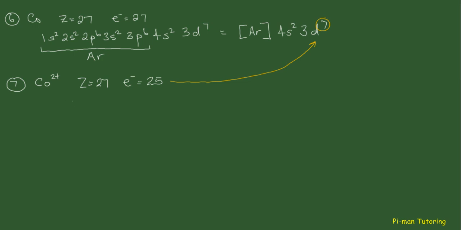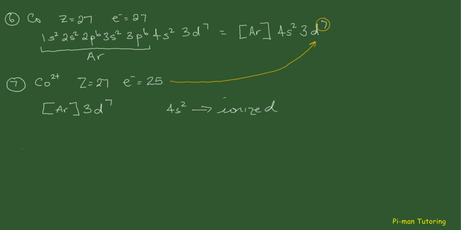We actually always remove electrons from the highest N level. And so in this case, cobalt 2+ actually becomes Ar3d7. The 4s2 electrons are the ones which are removed.